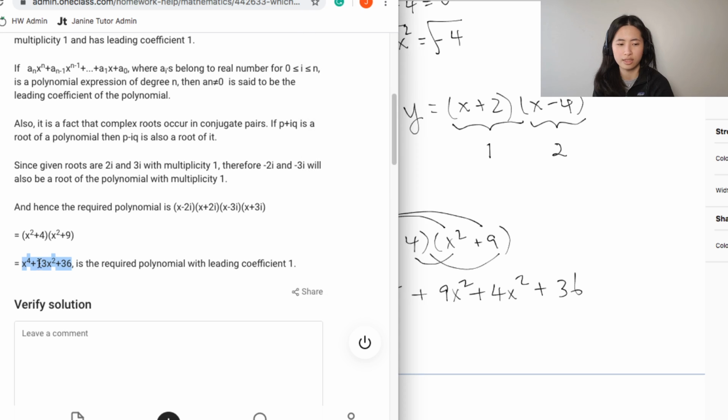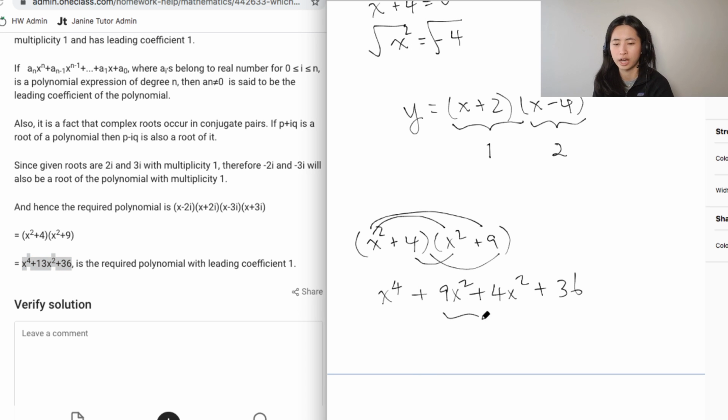And why is this 13x squared? Because you've combined 9 plus 4, right? So 9x squared plus 4x squared is going to be 13x squared, and you have plus 36, and this is basically x raised to the power 4.